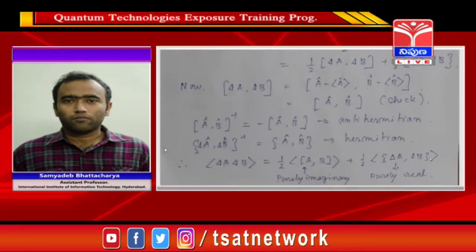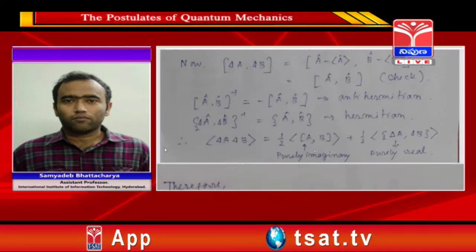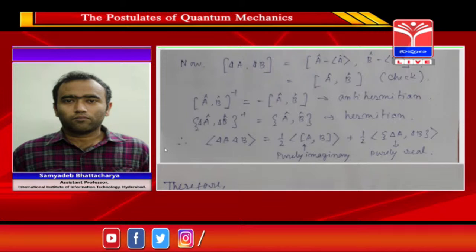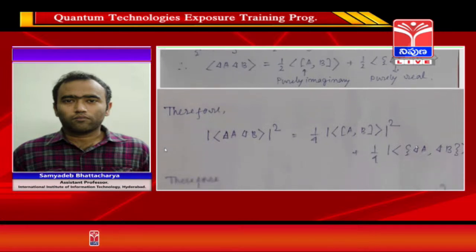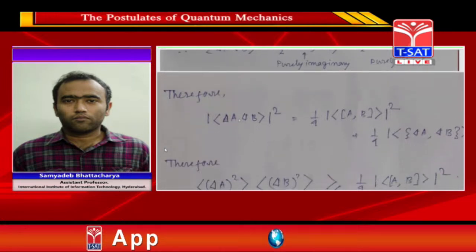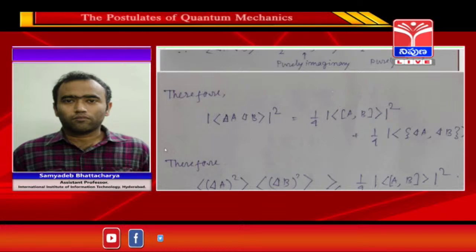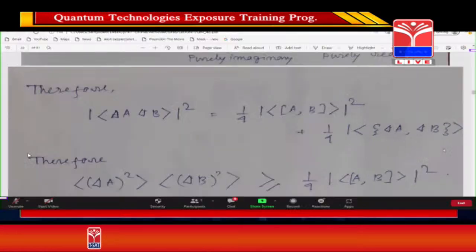If you take the average, the first term is the average of an anti-Hermitian operator, so it is purely imaginary, and the second term is the average of a Hermitian operator, which is purely real. Therefore, the right hand side, the mod square of the average of ΔA ΔB, is the mod square of the average of the commutator plus the mod square of the average of the anti-commutator.